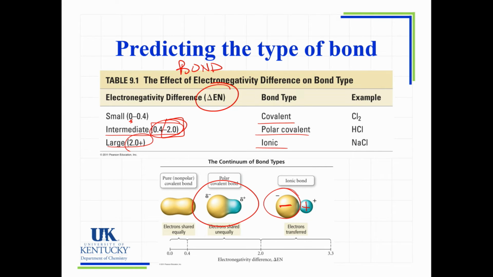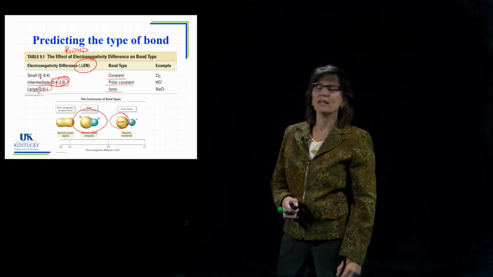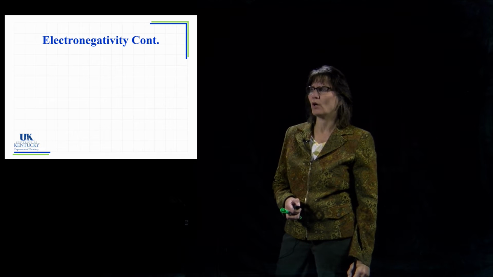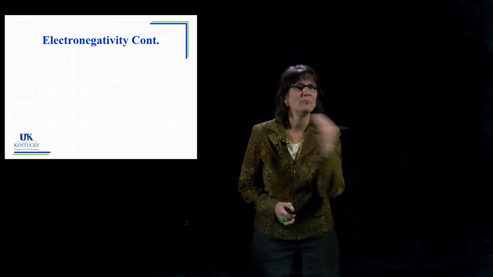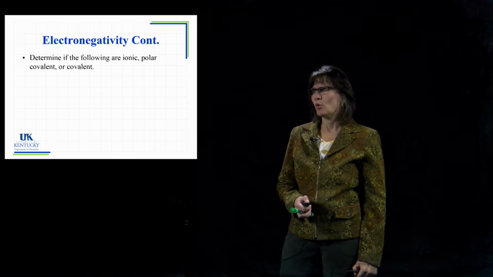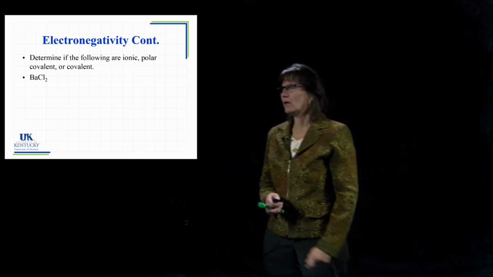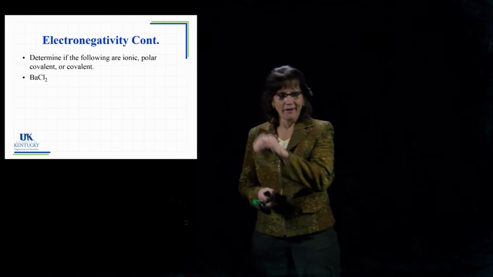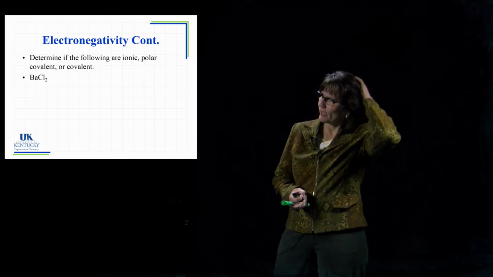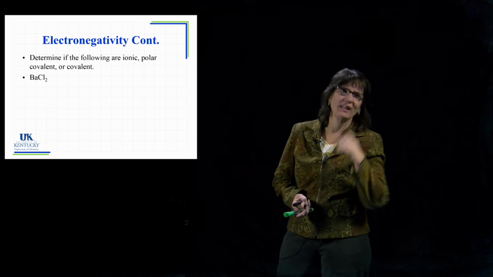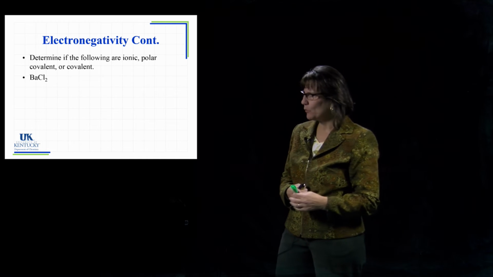So we can look at values and come up with actual values for which kind of bond we have. Let's determine if these are ionic, polar covalent, or covalent. Let's do it in the order we see here. How would we do that?